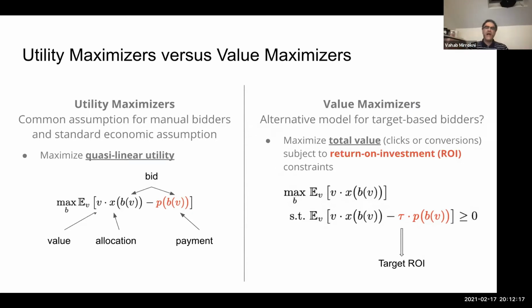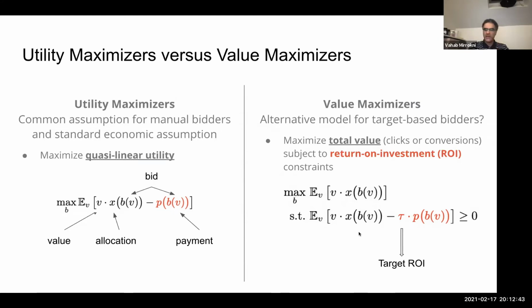On the other hand, the value maximizers under the target constraint have the target constraint as a major constraint that they have to satisfy, but at the same time, they want to maximize their value. So note that in the world where advertisers may have only a budget constraint, this value maximization doesn't make as much sense.